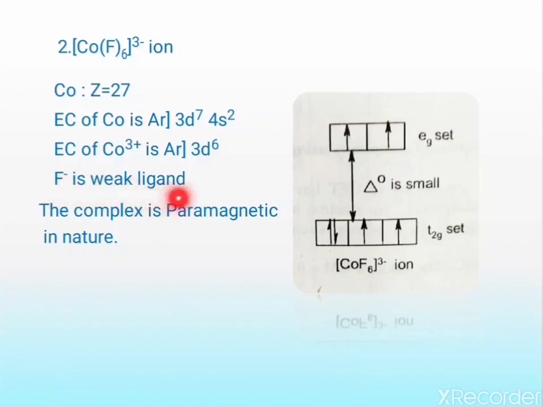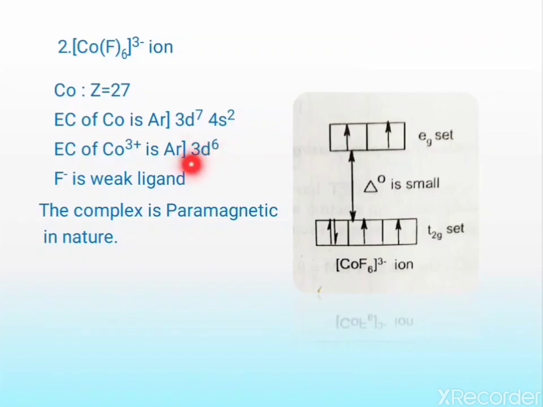Fluoro is a weak field ligand. This is known from the spectrochemical series. F minus is a weak field ligand. That's why the energy gap between the t2g and eg sets of orbitals is very small. Because of this, the distribution of electrons takes place according to Hund's rule.